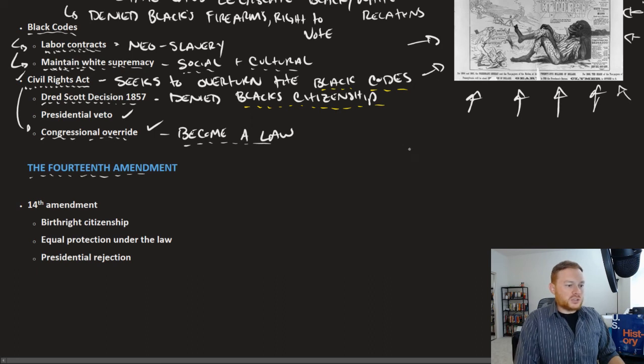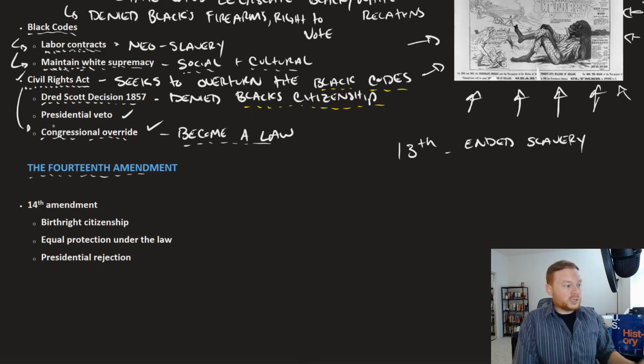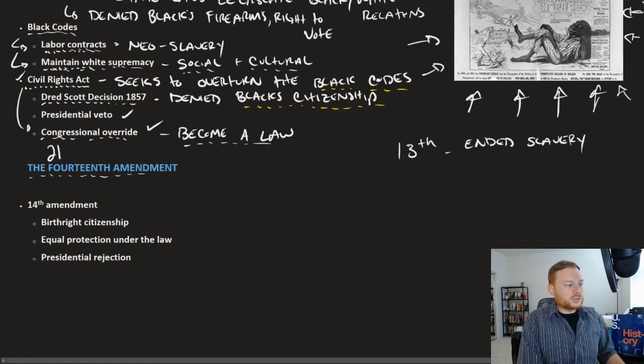So in addition to the 13th Amendment, which we talked about last chapter, which ended slavery, Congress seeks to pass the 14th Amendment. And unlike a law, for a law to be passed, you require a majority in the House, a majority in the Senate, and then you require a presidential signature. Or if the president vetoes, you require 2/3 of Congress to override.